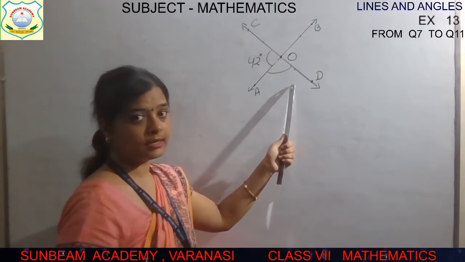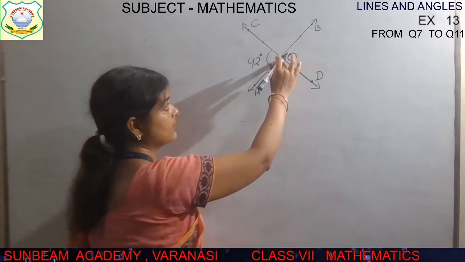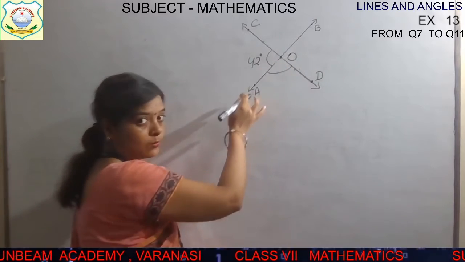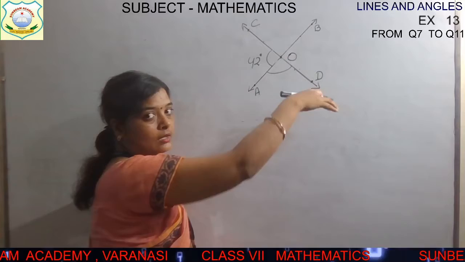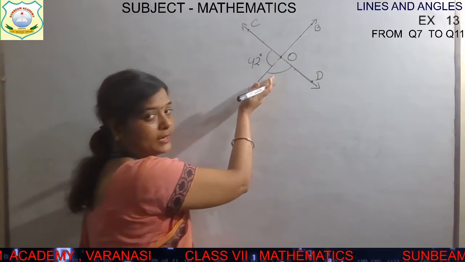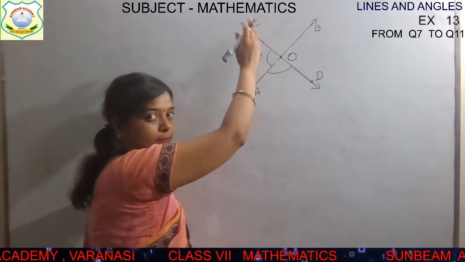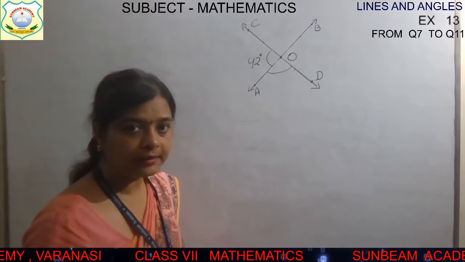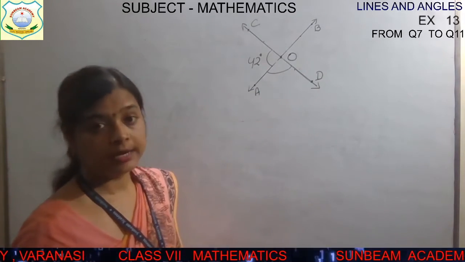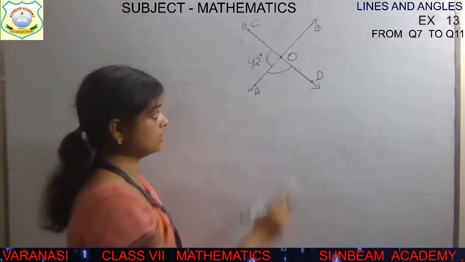One is on this side, one is on that side, having common vertex O, having common arm OA, and non-common arms on the opposite sides of the common arm. So this is an adjacent angle. These two are not at all opposite angles.